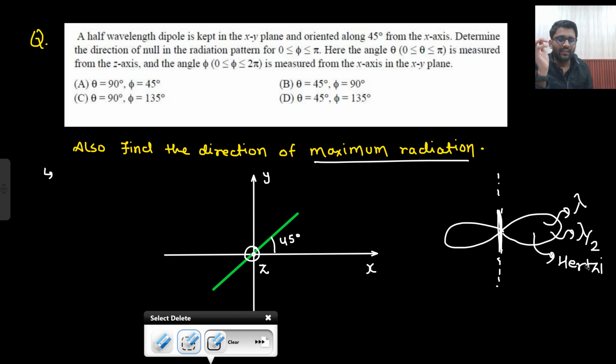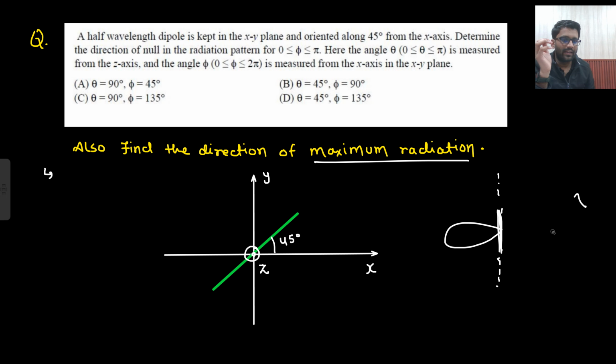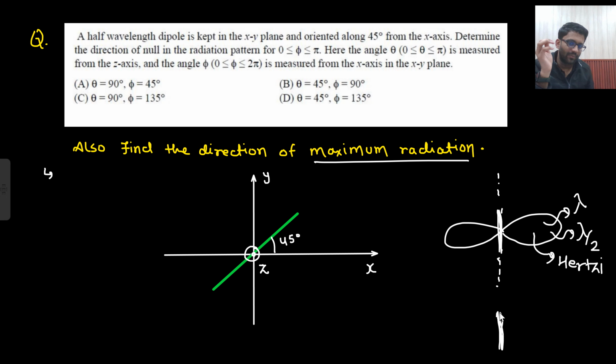And when the length became 3 lambda by 2, what was the standing wave pattern? Let's not erase it, let's keep it as it is. The pattern was something like this, here it had some, then here it had some, and similarly here as well.